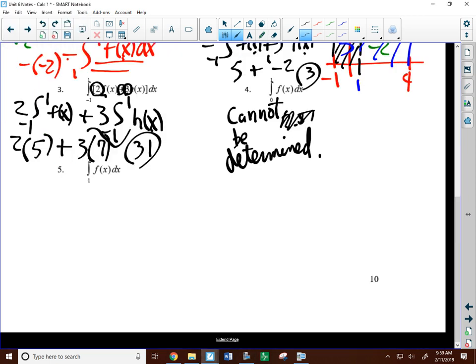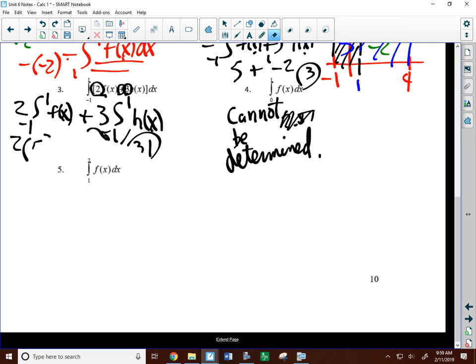Okay, to finish number 5 up. This is the area under the curve from 1 to 2 of f of x. Doesn't look like we fully have this one, but what we can do is write a different integral that would be equivalent to 1 to 2.